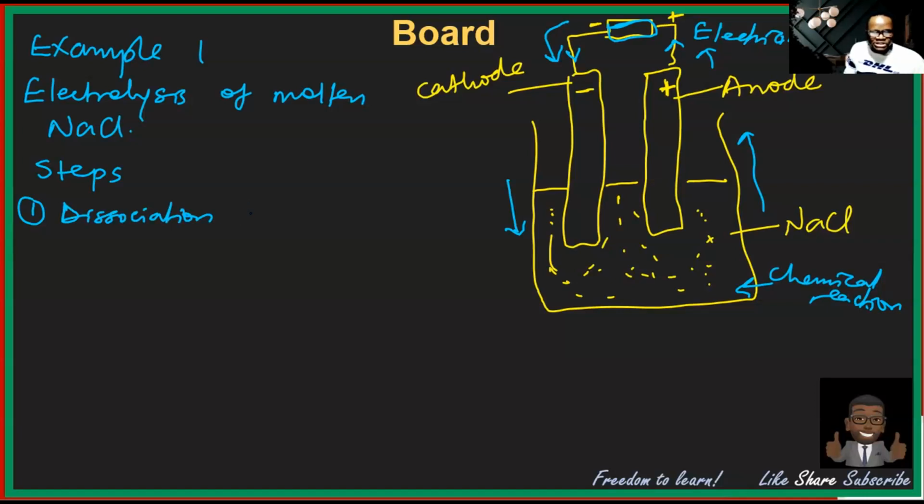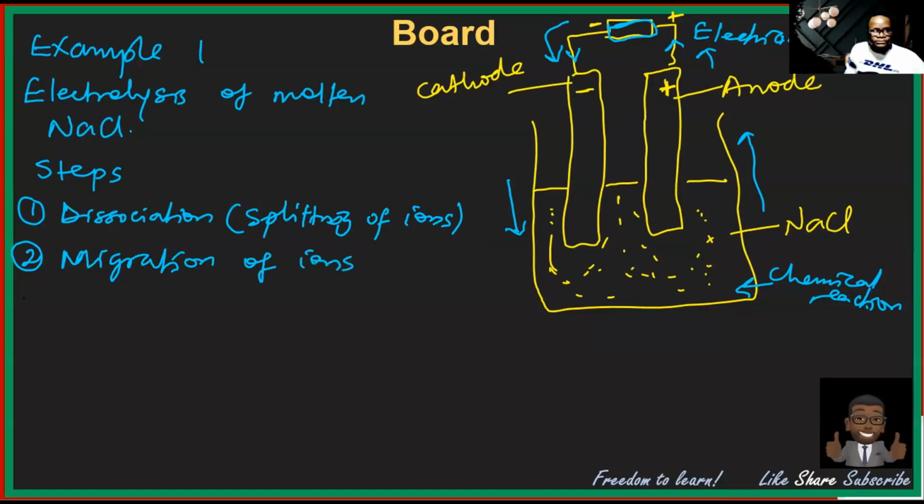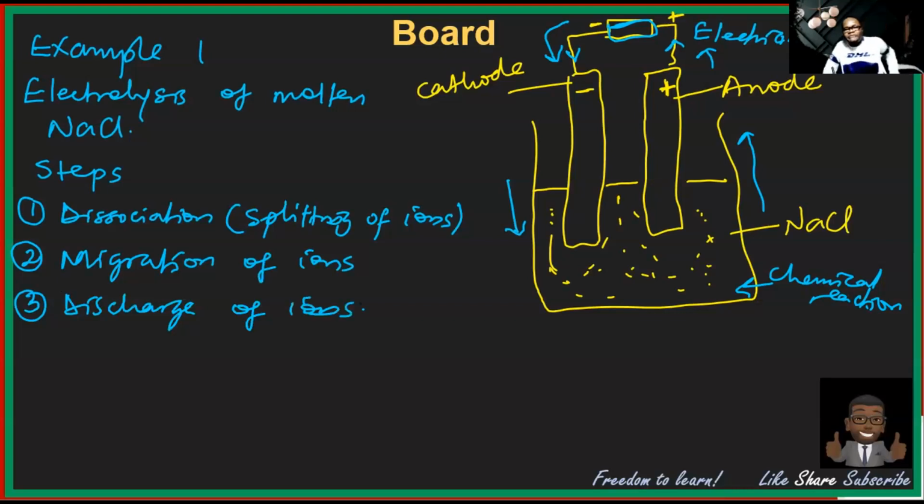Or basically just call it splitting of ions. Then number 2, we have what we call migration. Migration of what? Of ions. And number 3, we have what we call the discharge. The discharge of what? Of ions. So for every electrolysis that you're going to treat, you follow these steps from beginning to the end.